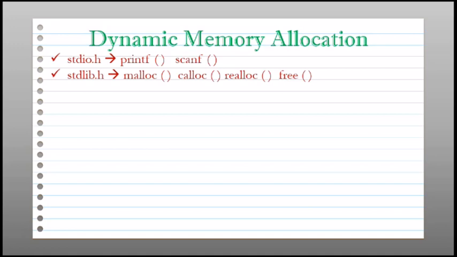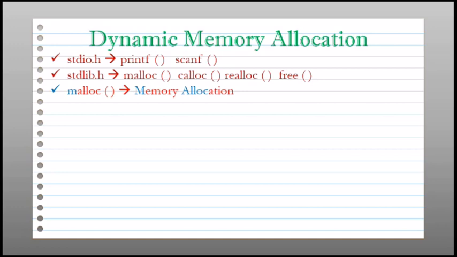So all the functions, that is malloc, calloc, realloc and free, are already present in the stdlib.h header file. Now in this video we will see the first function, that is the malloc function.